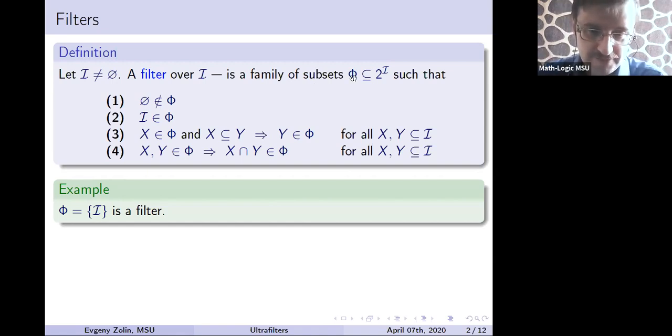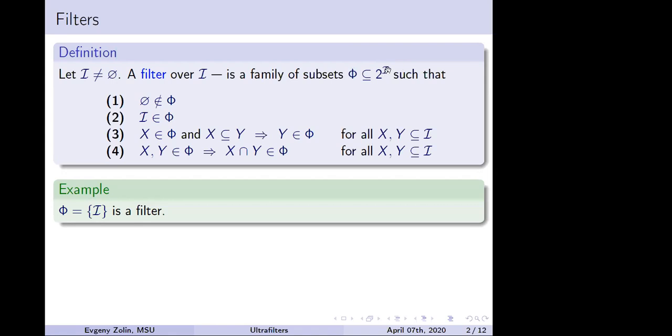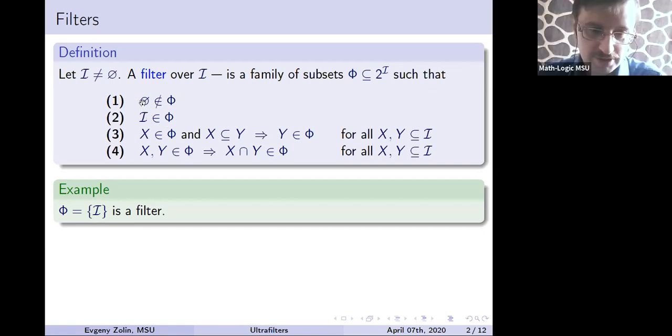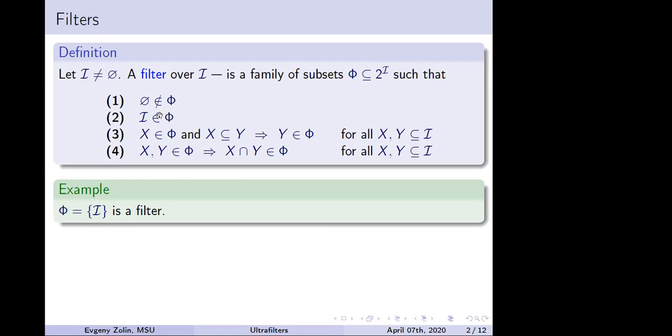If we take phi, the set of all subsets, 2 to the power I, is it a filter or not? Phi equals 2 to the power I. Well, no, because the empty set must not be a member of phi.